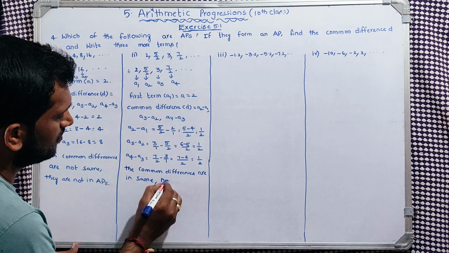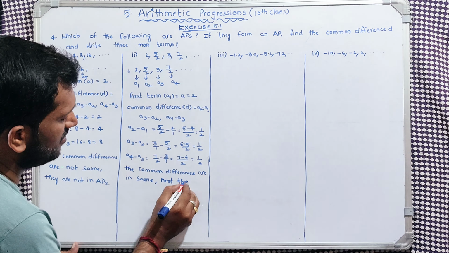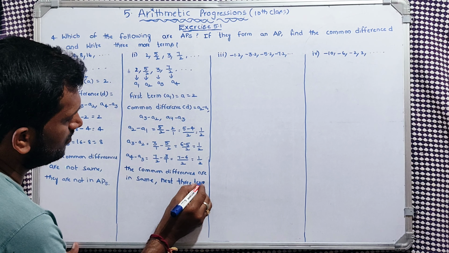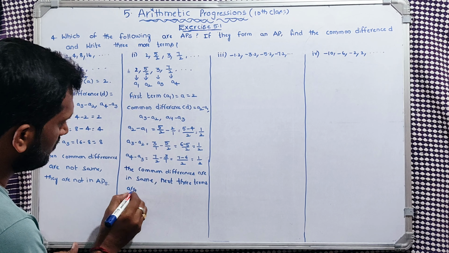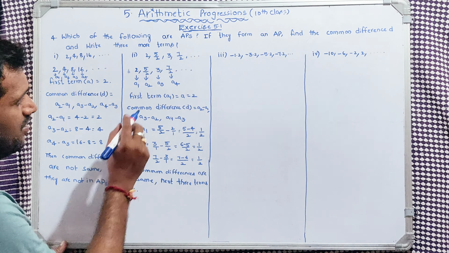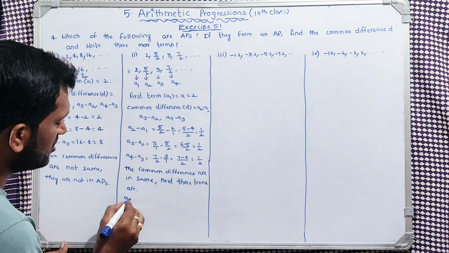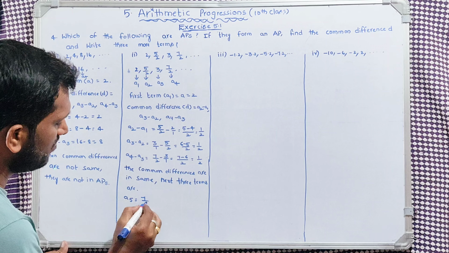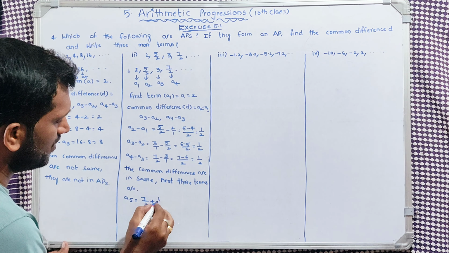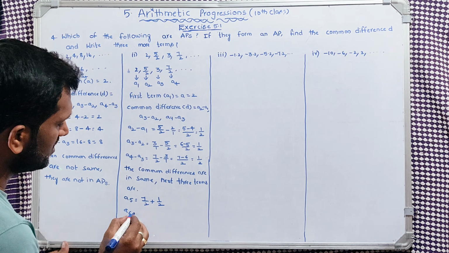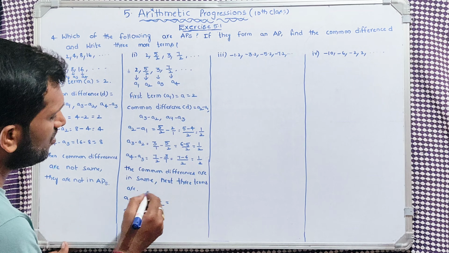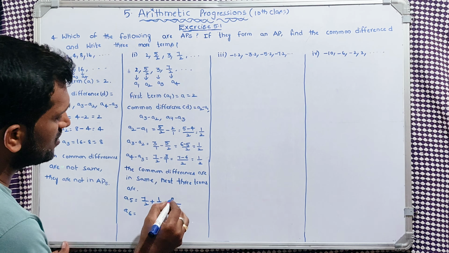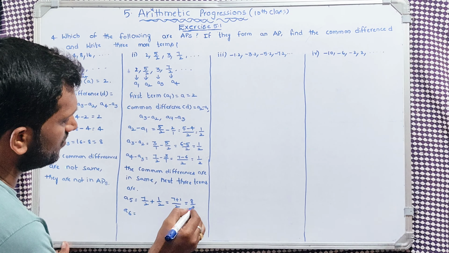Next, three terms. This is A4. Next, A5 equal to 7 by 2 plus 1 by 2. Next, A6: 7 plus 1 is 8 by 2.